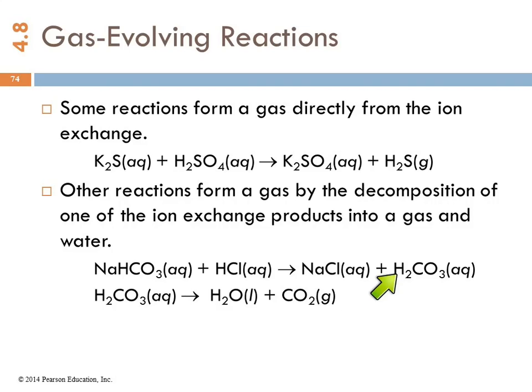It starts with an H, though. That makes it an acid. So if we cover up the H's, what's left? CO3 has a name, as an ion, carbonate. Add the ic, and this is carbonic acid. Carbonic acid isn't stable. Carbonic acid will decompose into water and carbon dioxide.